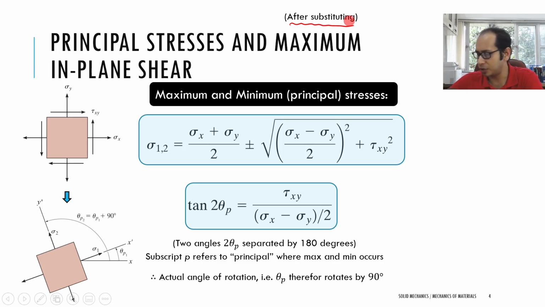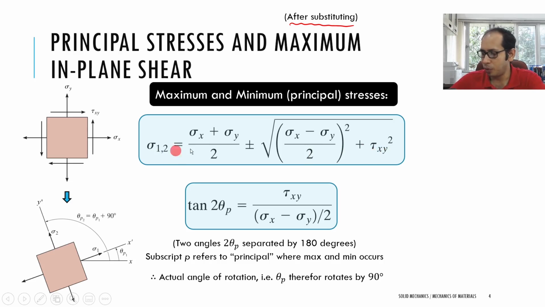For sigma 1 you use this positive sign, so the expression boils down to sigma x plus sigma y by 2. This is the first term of the transformation equations, which remains the same. The remaining term is the square root of the sum of squares of the last two terms, that is, (sigma x minus sigma y)/2 squared plus tau xy squared.